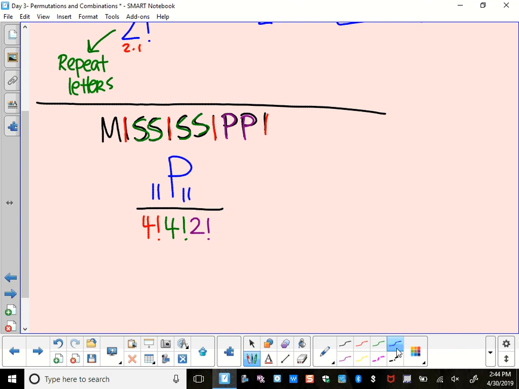Okay, in your calculator, you would do 11P11, and you would get a really long number. And then you would divide by 4 factorial times 4 factorial times 2 factorial. It's okay if you keep that all together. And for the sake of time, I'm not going to go over the answer, but if I see it, I may remember it.